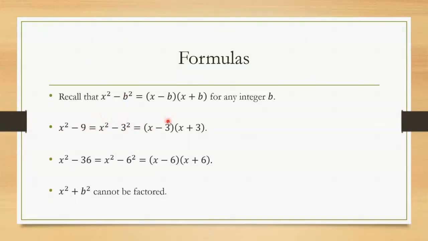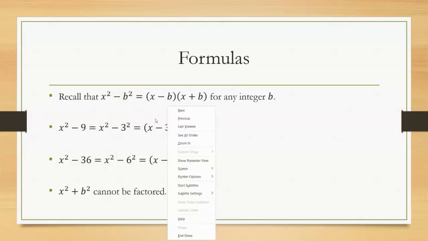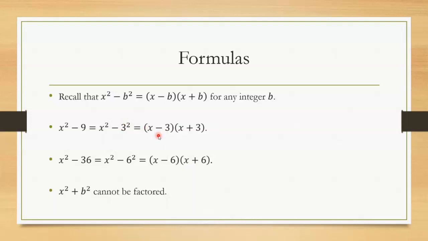So we get x minus 3 times x plus 3. Again, it has to be x squared minus a perfect square, a number in this form, where b is an integer. And 9 is like that. 9 is 3 squared. So we get x minus 3 times x plus 3.